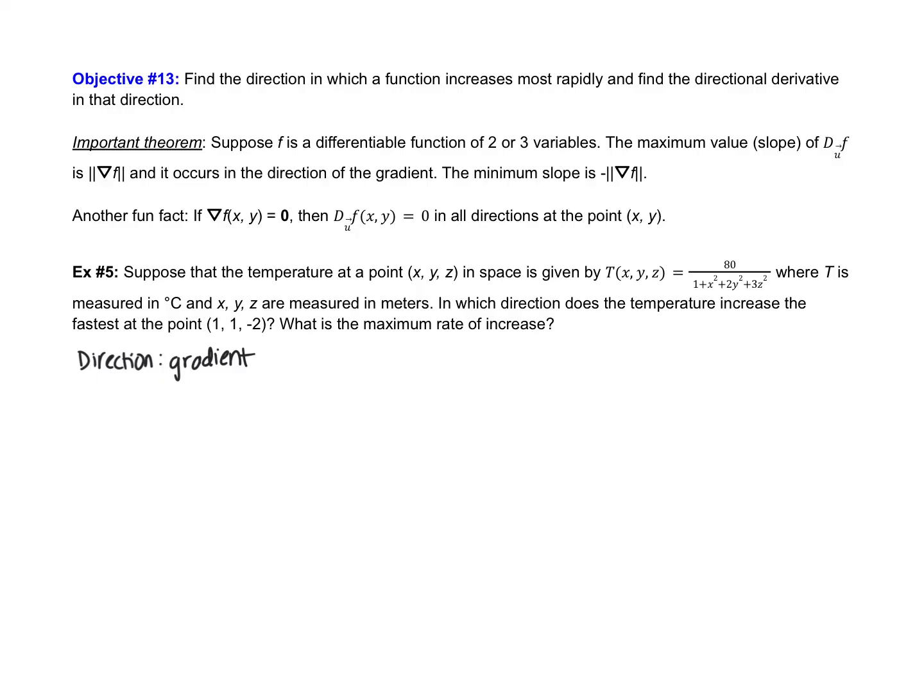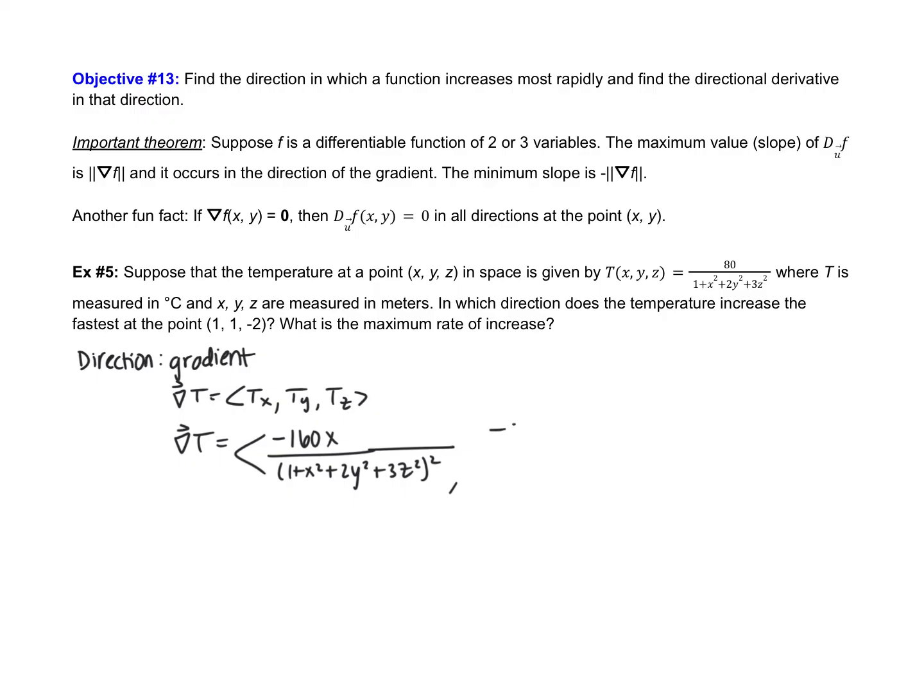So to find our gradient, we're going to need the partial of t with respect to x, the partial of t with respect to y, and the partial of t with respect to z. So if I go to find that, partial of t with respect to x is going to be negative 160x over 1 plus x squared plus 2y squared plus 3z squared, quantity squared.